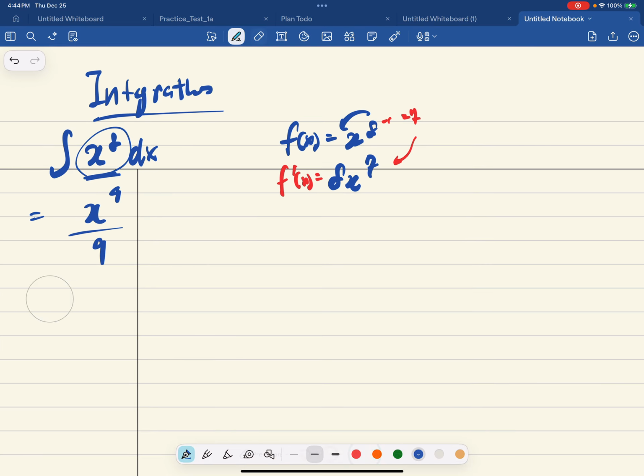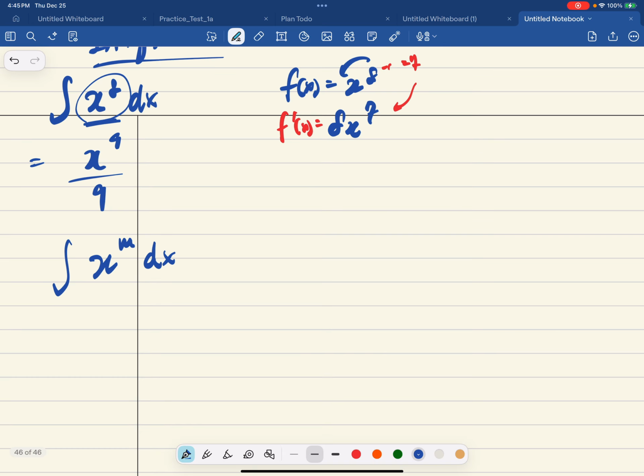But if I tell you the actual rule, if there's an x to the m dx, what we have to do is x to the m plus 1 divided by m plus 1. That's the power rule.